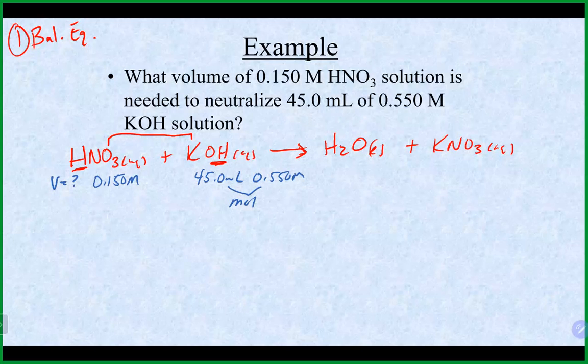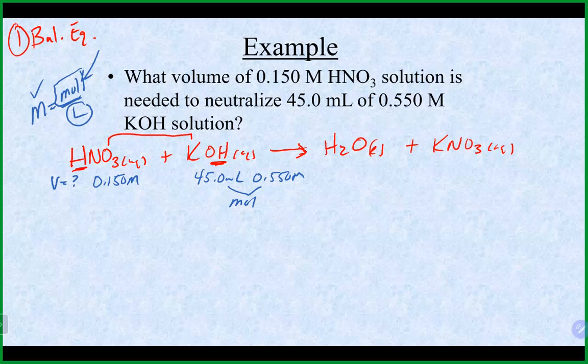We want to think about where we want to end up. For the nitric acid, if we think about molarity, I have the molarity already. I am looking for the volume, which means the one thing I'm missing to get to that volume is the moles of the nitric acid. And that's where the stoichiometry part is going to come into play. Because we could get the moles of the potassium hydroxide, we then could use stoichiometry to get the moles of the nitric acid that we need.